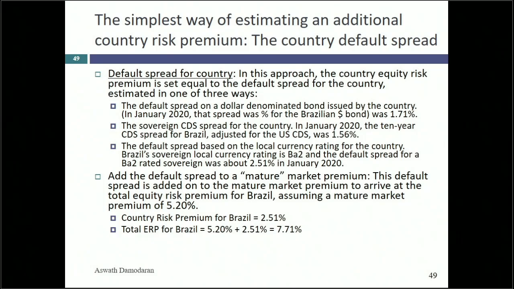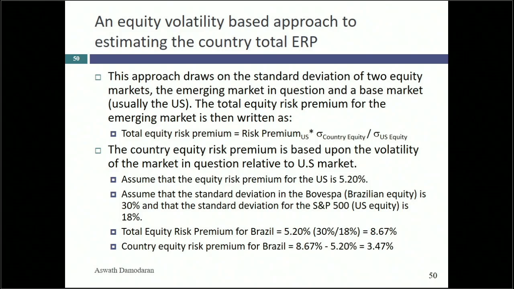So here's the second approach for estimating a country risk premium. You start with the US premium just like I did, the 5.2%, and you look up two numbers. The first is the standard deviation in the Bovespa. The Bovespa is the Brazilian equity index. Let's say it's 30%. And the second is the standard deviation in the S&P 500, which is 18%. Remember algebra? You should, right?